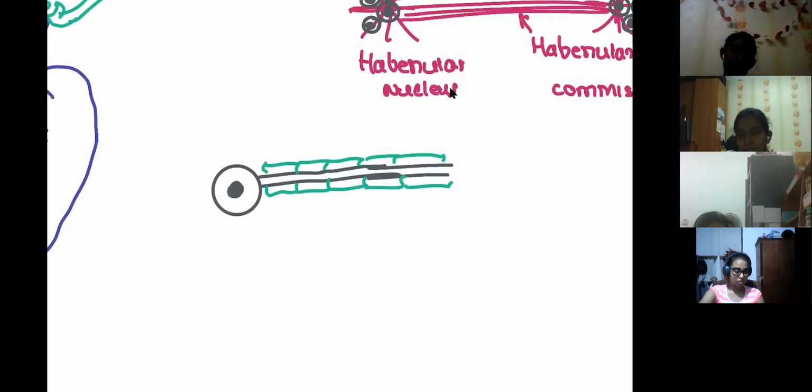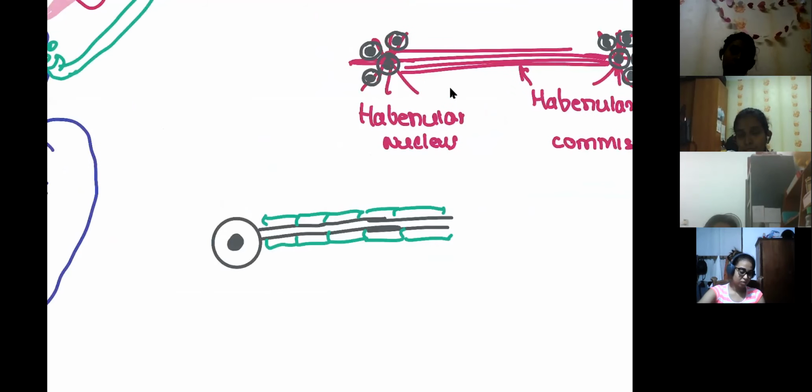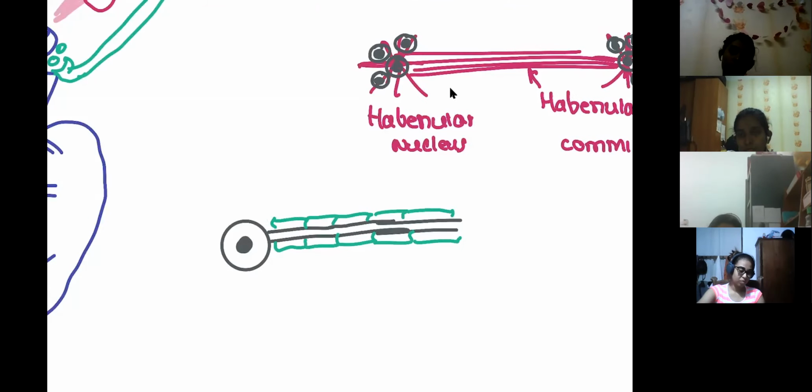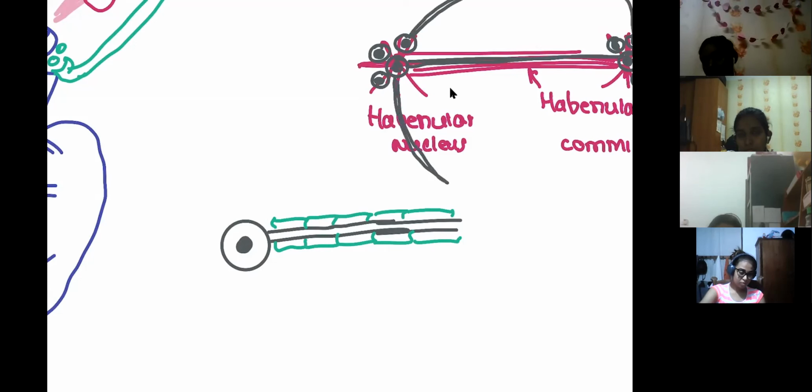Okay, just remember that. So this is a habenular commissure that is going to contain an interconnection between the left and the right side. There are connections to the cerebral cortex and actually from the bottom.